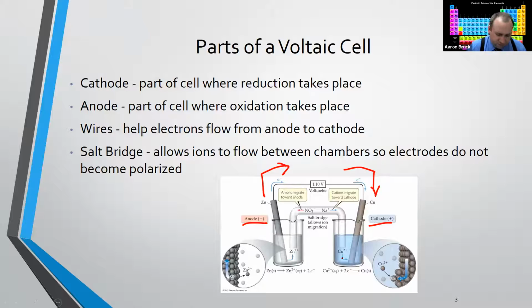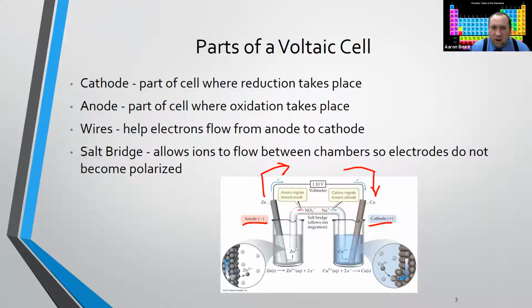Now, on its own, this process would only last for maybe a couple of seconds, microseconds, not very long at all. And that is because the cells would eventually become polarized.